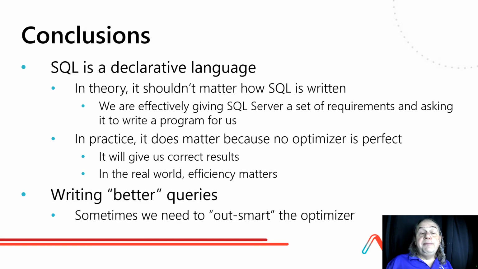That being said, in practice, no piece of software is perfect, and the execution plan that we may get out of a query may be suboptimal. And it may be suboptimal in very noticeable ways. When that happens, we sometimes have to outsmart the optimizer by rewriting the query in a way that it will work better and more efficiently.